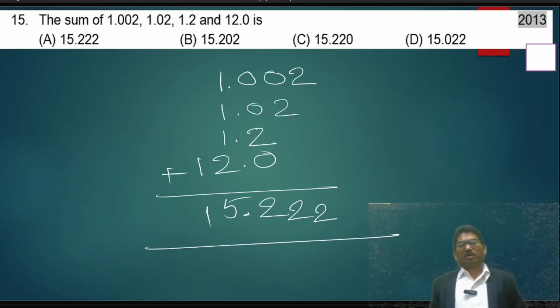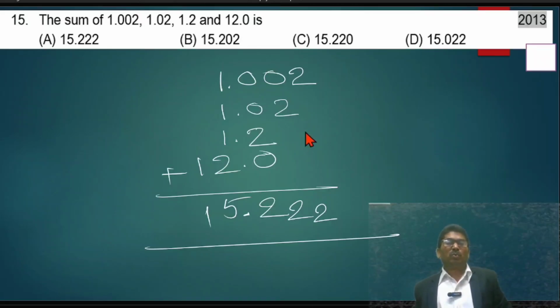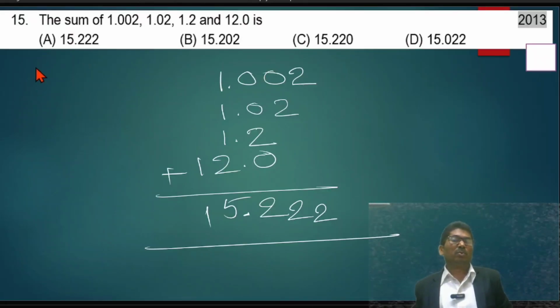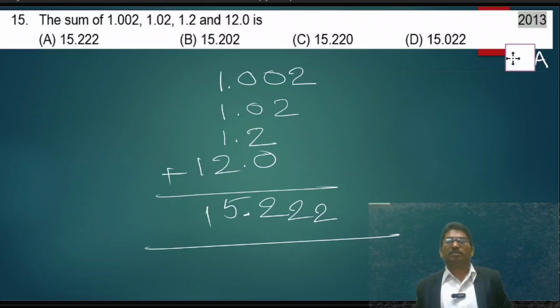So what is the correct option? 15.222, 15.222. So A is the correct option.